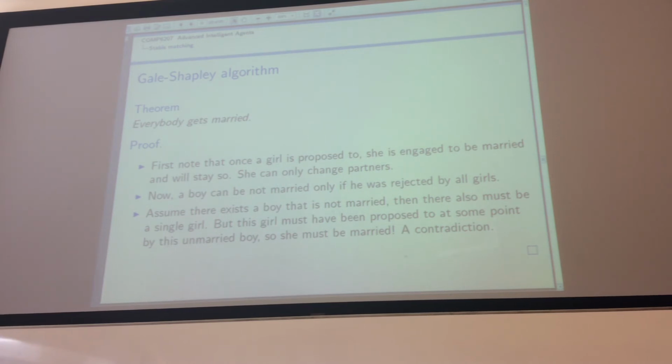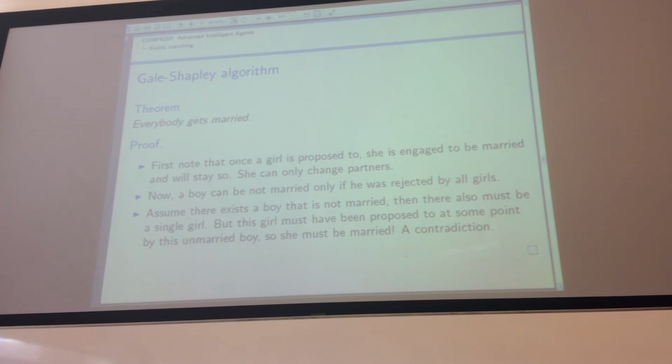So he is single only if there was a reject. Now assume that there was a guy who is not married, so there must be a single girl. Look at that single girl. That girl must have been proposed to by that guy at some point in the algorithm, right? So that means that she has to be married by this point.